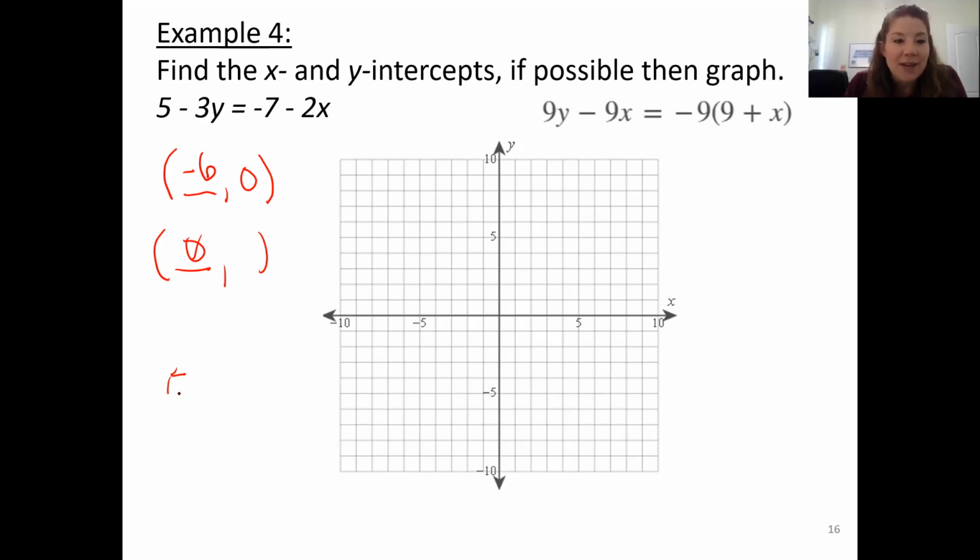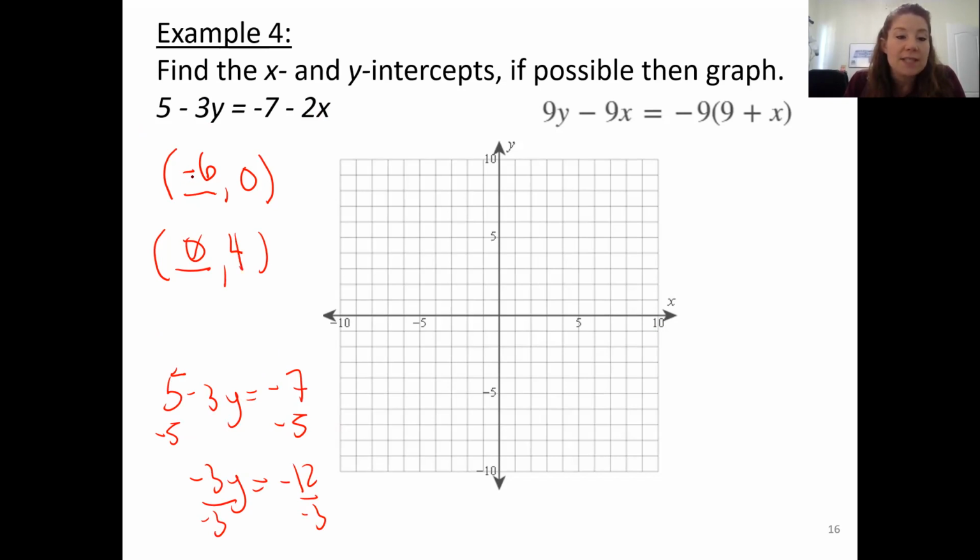Let me pull this down. 5 minus 3y equals negative 2 times 0 is 0, so equals negative 7. I'm going to subtract 5 from both sides, so I have negative 3y is equal to negative 12. Divide both sides by negative 3, and y is equal to 4.